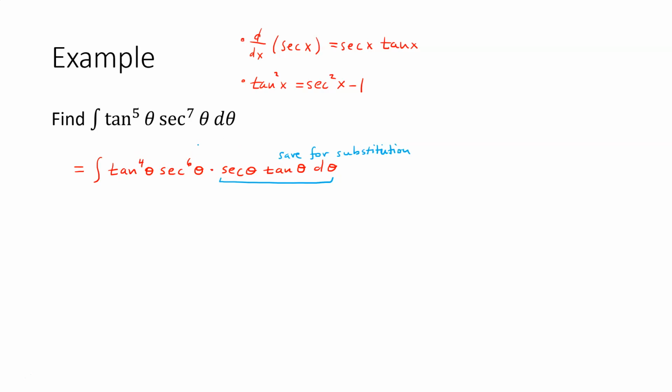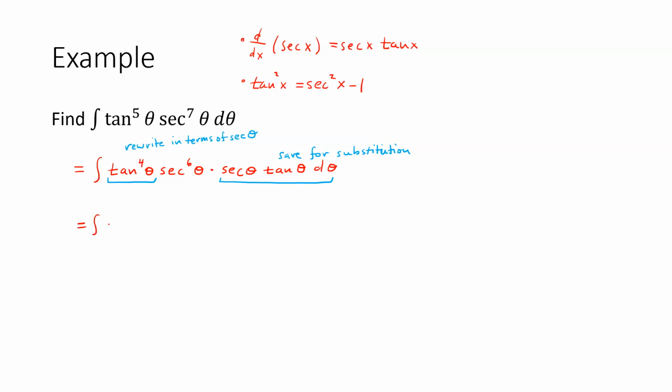And then my goal is to try and rewrite the remaining stuff in terms of secant. So the tan to the fourth here, my goal is to rewrite in terms of secant. And that's where this identity tan squared equals secant squared minus 1 will come in.